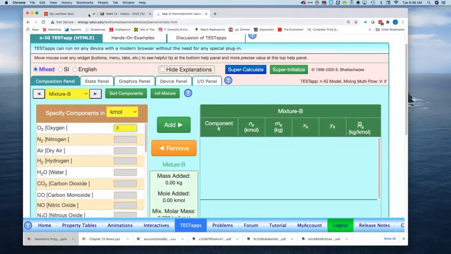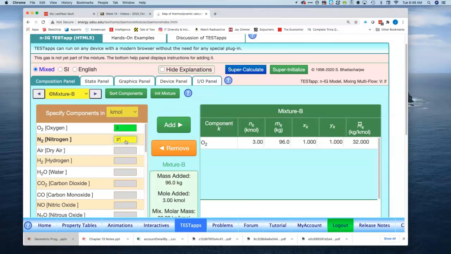And so this is our oxygen. And then we also know that the nitrogen is equal to that same 3 times 3.76. And so that is the amount of nitrogen. And so now we've made up our mixture that corresponds to the oxidizer as mixture B.